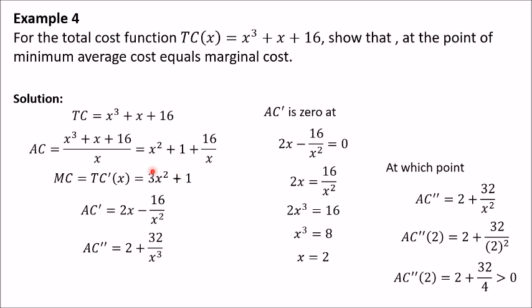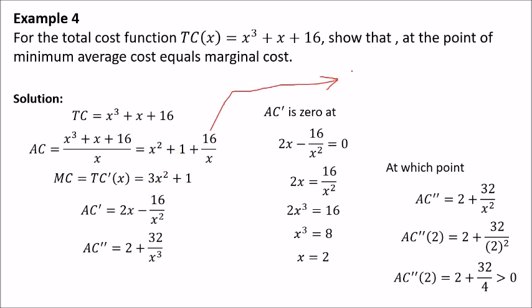And then next, kailangan natin kunin yung derivative ng AC dahil ito nga, average cost at the point of the minimum average cost. Kailangan natin hanapin yung minimum average cost. Average cost natin is this one. So, para ma-apply natin yung minimum, we have to get the derivative of this. So, ang derivative nito, ito na. AC prime equals, okay, 2x. Derivative of x squared is 2x. Derivative ng 1 is 0, so wala na yan.